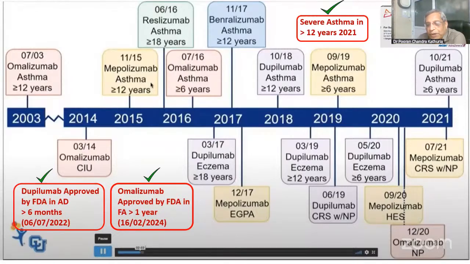The biological came in 2003, omalizumab, and dupilumab came in 2022.